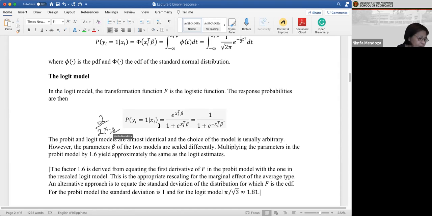So get the derivative of this. Note that this is a quotient.